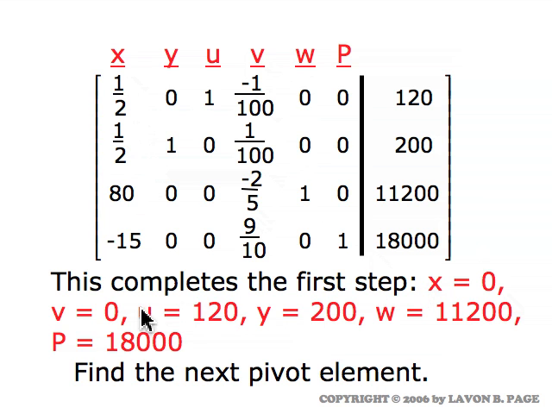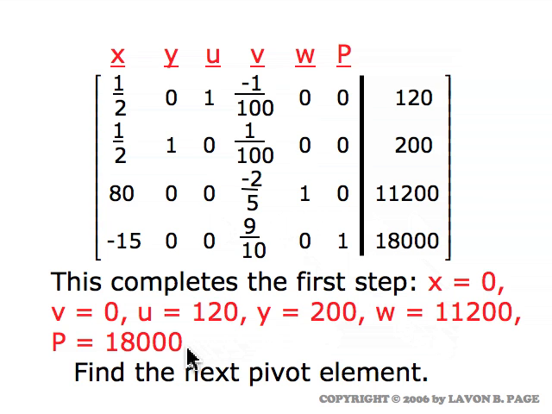So we set X and V equal to 0. Cover up those columns and see what equation corresponds to each of the rows. The first row says U is 120. The second row says Y is 200. The third row says W is 11,200. And the bottom row says P is 18,000.